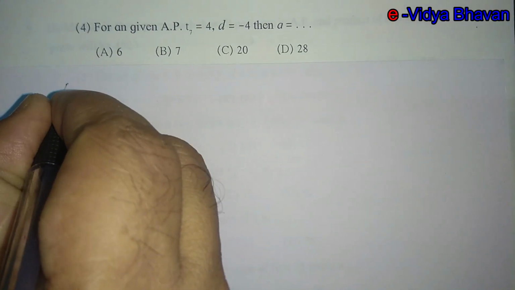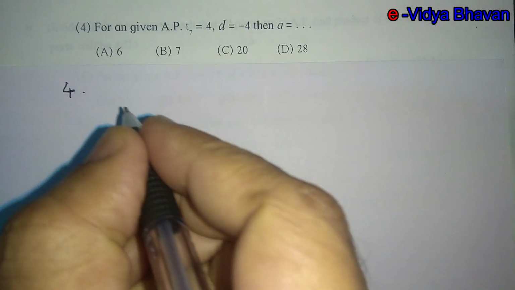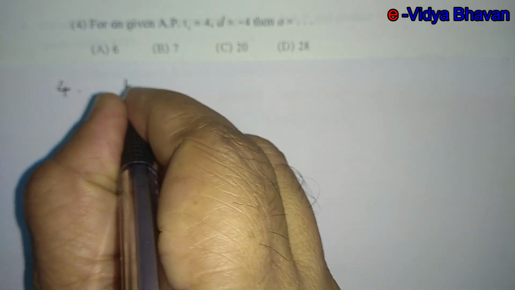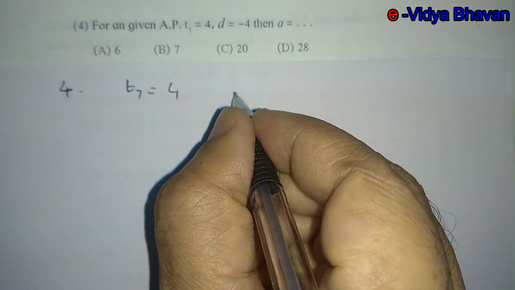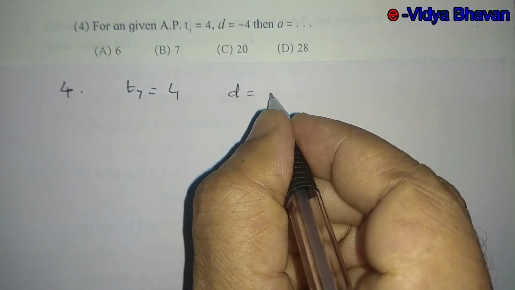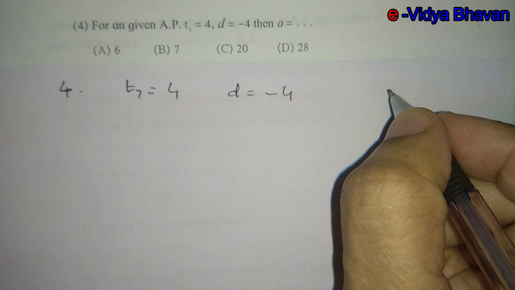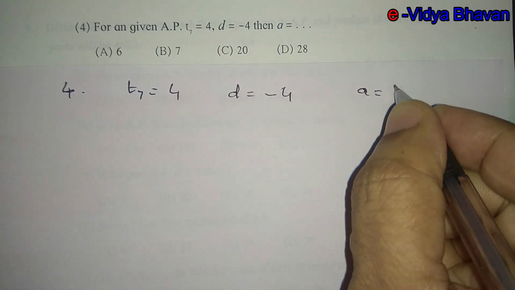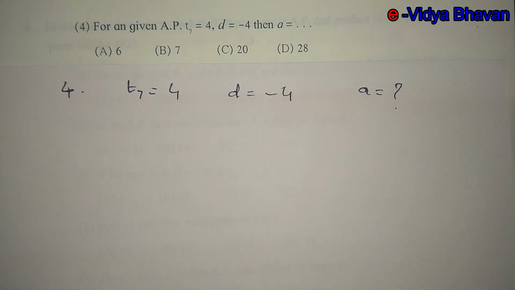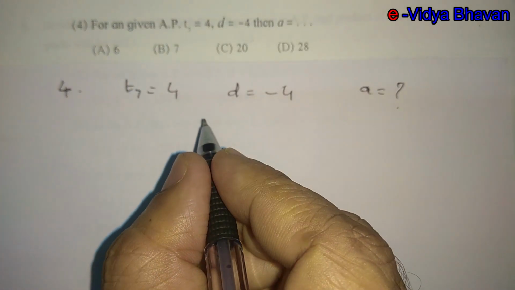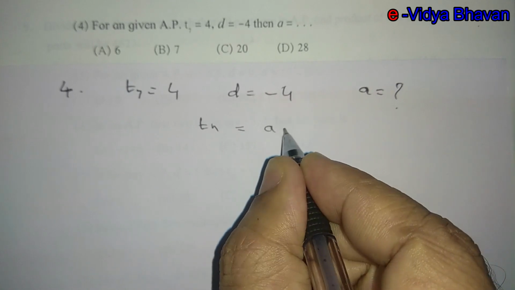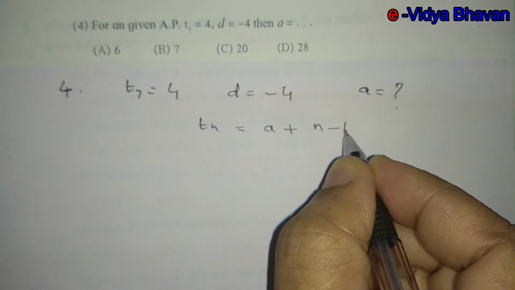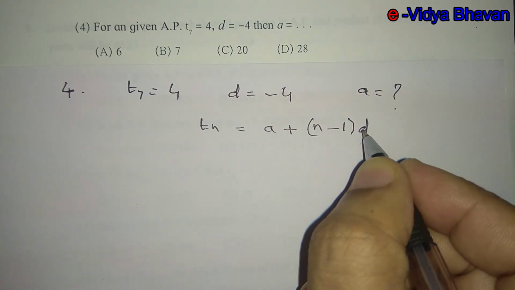Question number 4. T7 is given 4. Common difference d is given -4. a is the question mark. We will use the formula of the nth term: Tn is equal to a plus n minus 1 d.